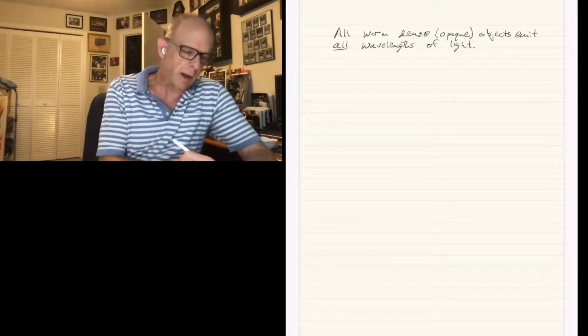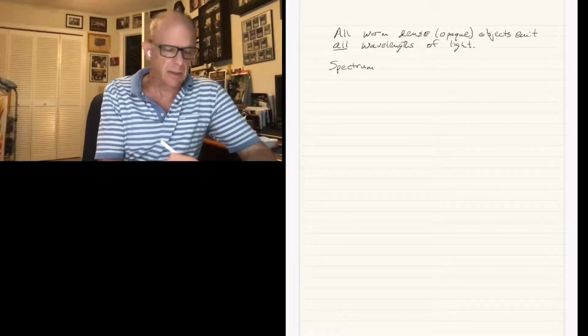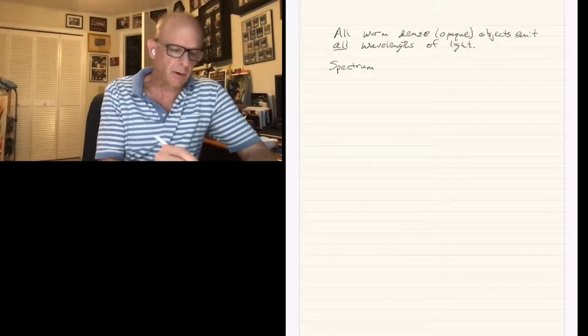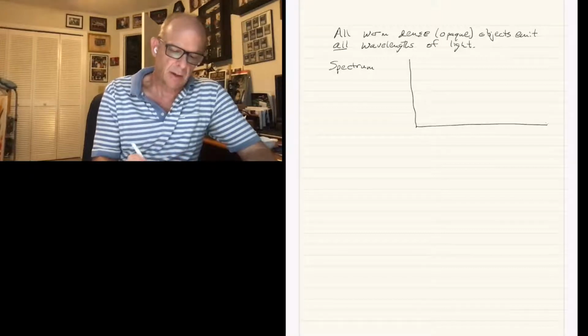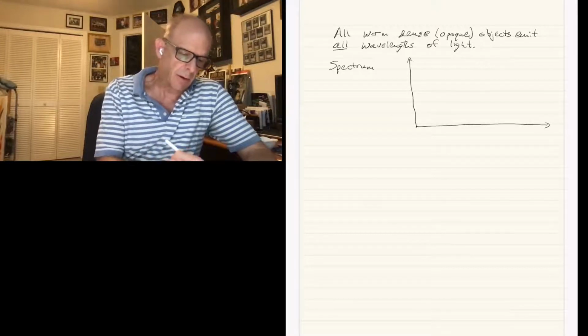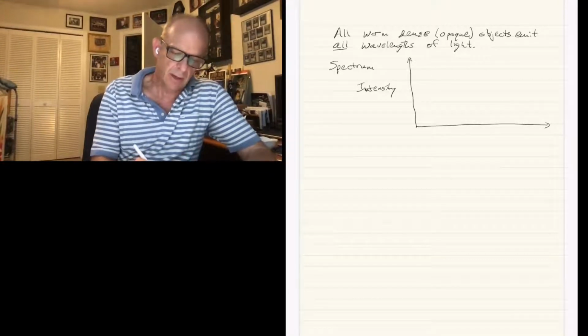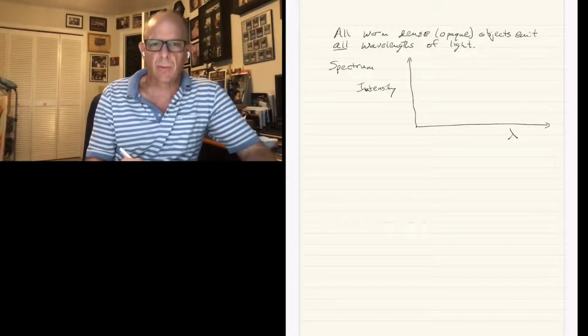And we describe the distribution of wavelengths of light coming from an object or that we observe with something called a spectrum. And a spectrum is a graph where on the vertical axis we plot the intensity or brightness of the light, and on the horizontal axis we plot the wavelength of light.